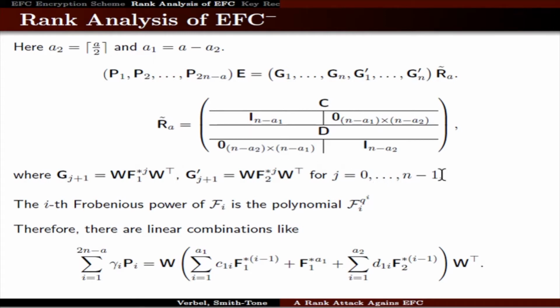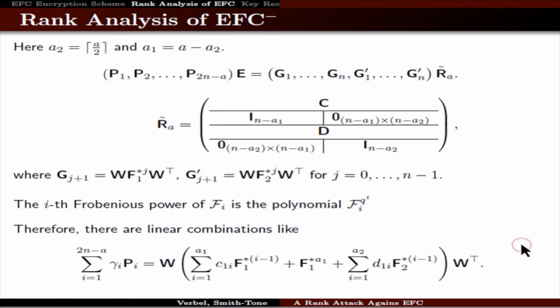And because of the shape of this matrix, the rank of this combination of matrices shouldn't be big. And also you have to consider that the matrix W is an invertible matrix.